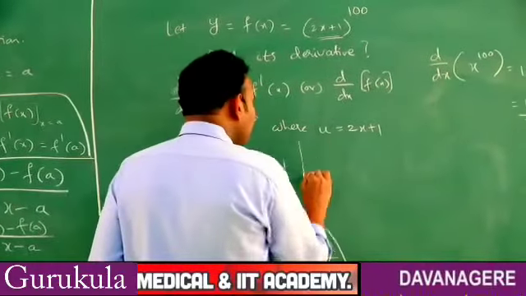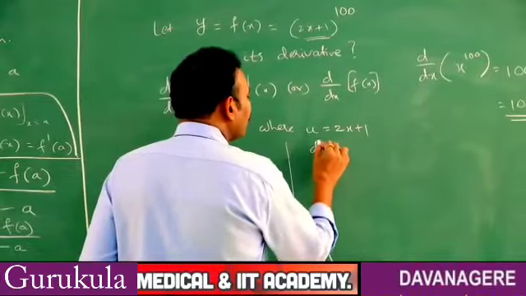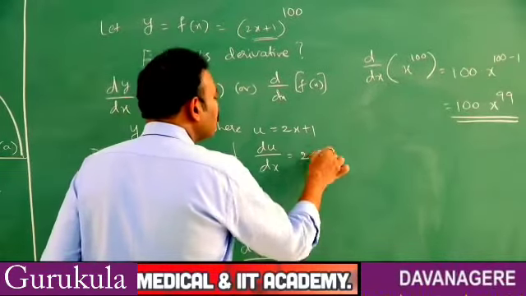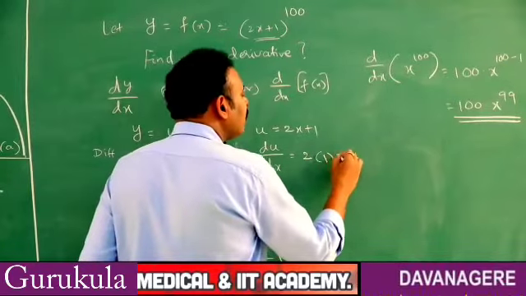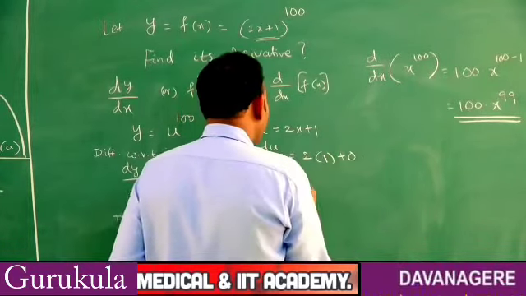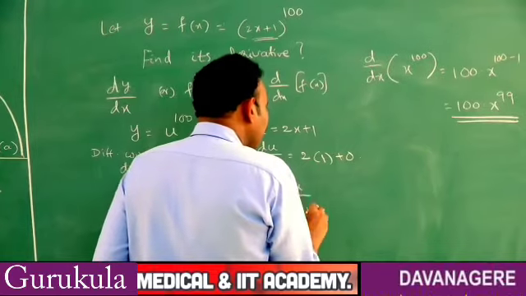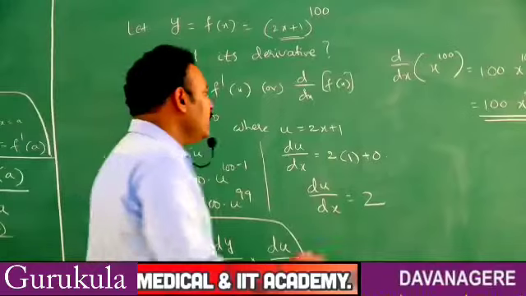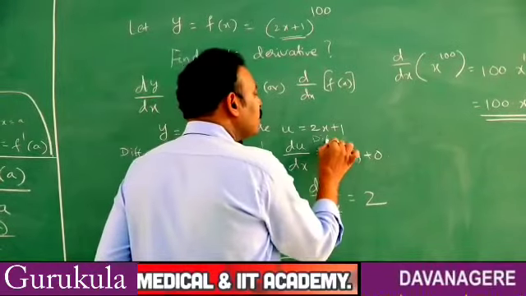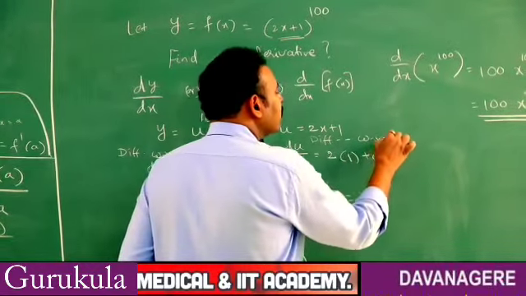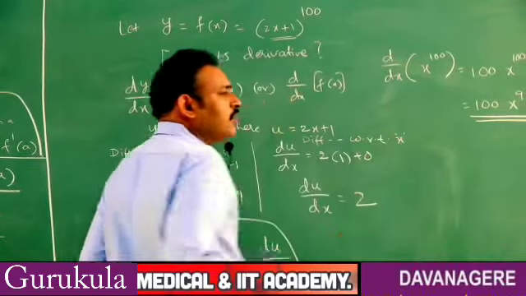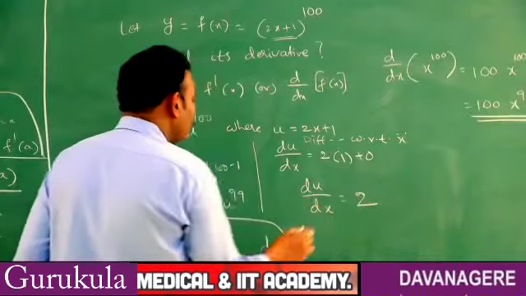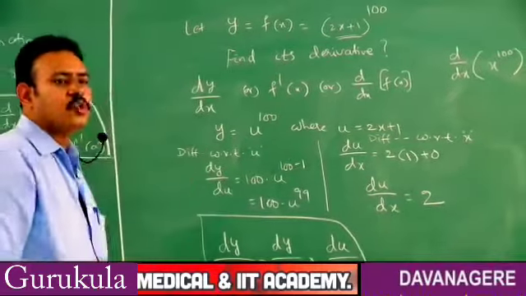Later, u is 2x plus 1, so du by dx is 2x derivative 1, derivative of 1 is 0, so du by dx value is 2, students.